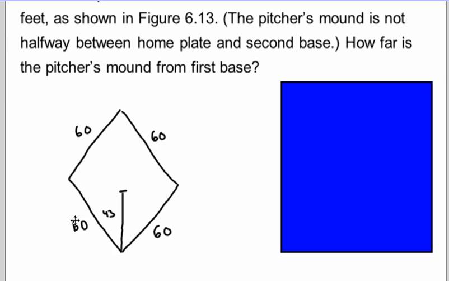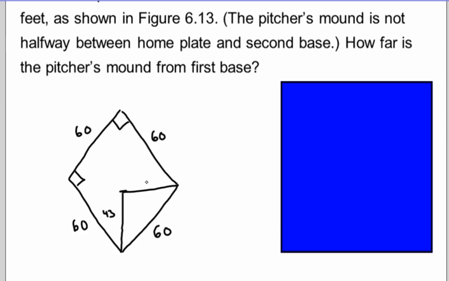How far is the pitcher's mound from first base? So here's first base, and we want to know how far that is. Now we know this is not a right angle, but these are all right angles right here. I don't know if that's going to help us.